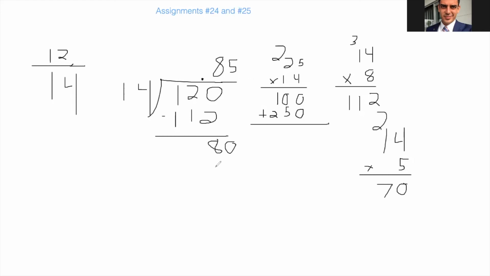So 5 times 14 is 70. So you subtract, and then you go on and on until you eventually finish this. I didn't make it too difficult on assignments number 24 and 25. I made it to where I only went up to 3 numbers, so you don't have to go on for 4, 5, 6 numbers. I only ended it at 3.